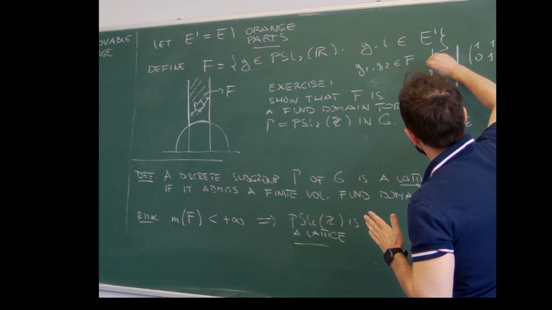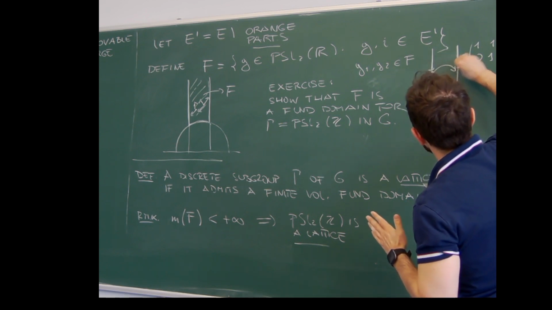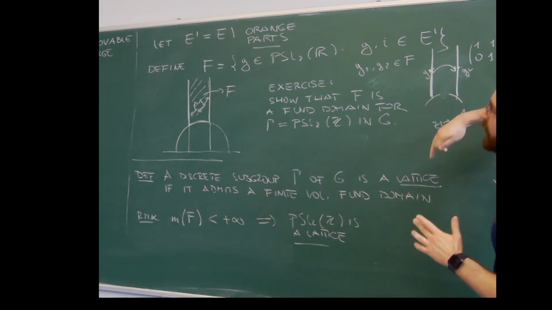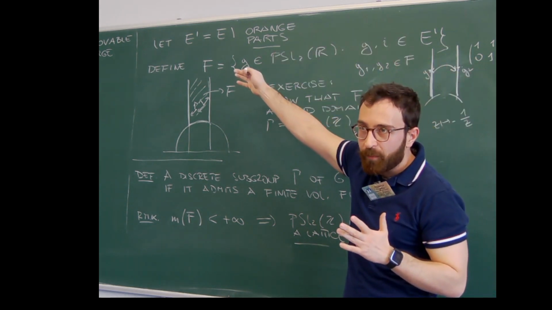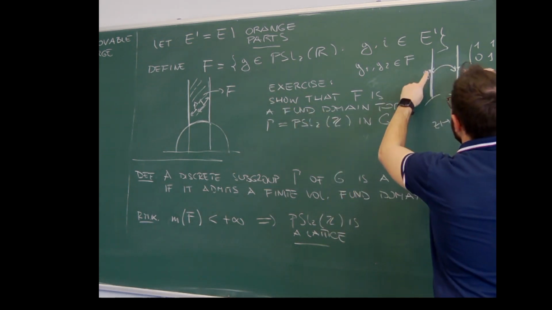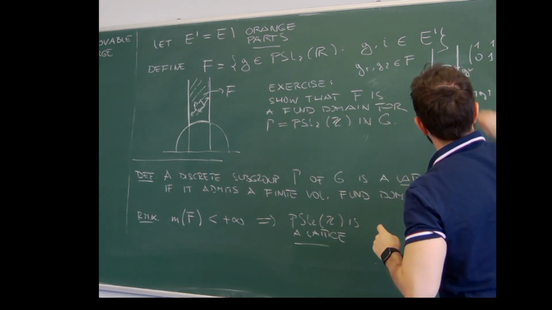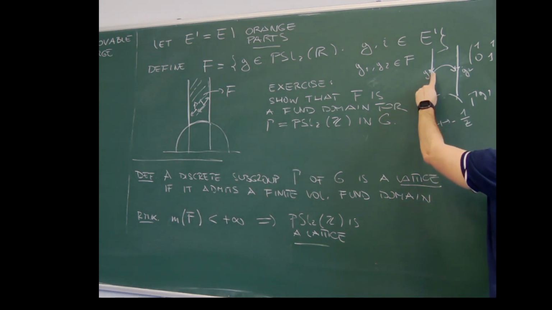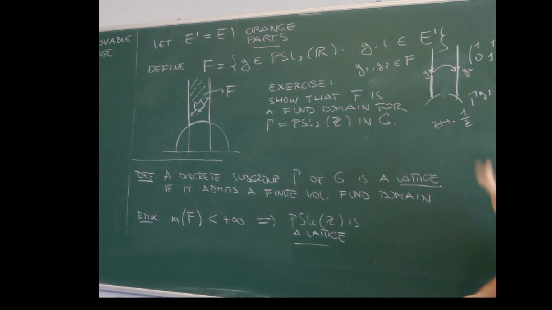Suppose that you pick an element G here, and you also pick, so this is your G1, this is your G2. If you use F as a fundamental domain, then the point G1 gamma has two representatives. One is this and one is this. But you don't want this, because you want to have only one representative in this stripe. Does it make sense? Okay, good.